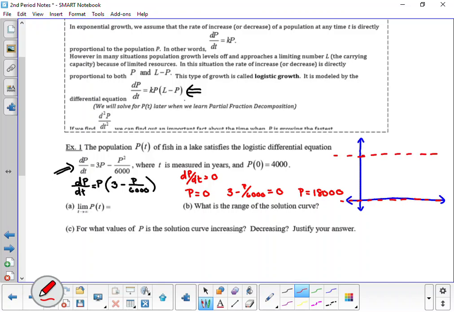That's where our slope, our dp dt, equals 0. And these are y values, not x values. So, okay. And then our initial condition, p of 0 equals 4,000, means I can put an initial point at 4,000 here.